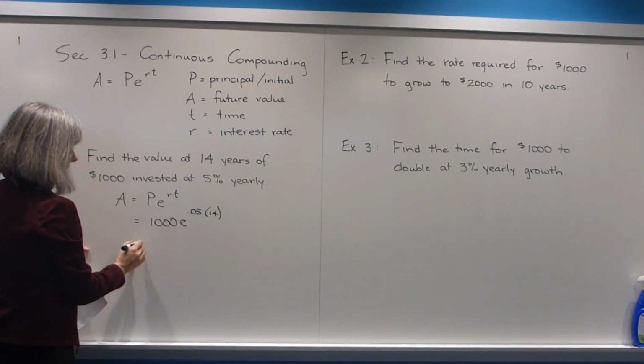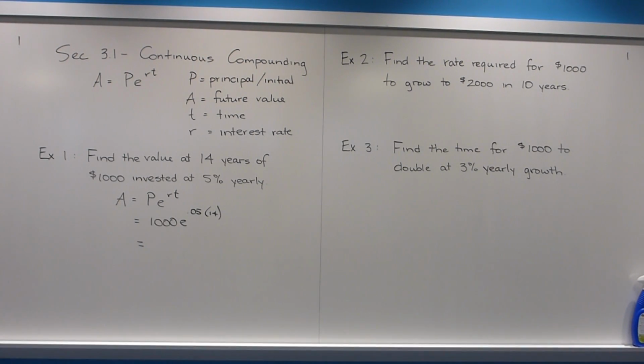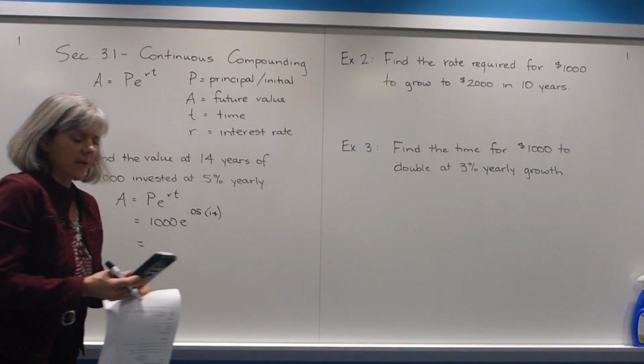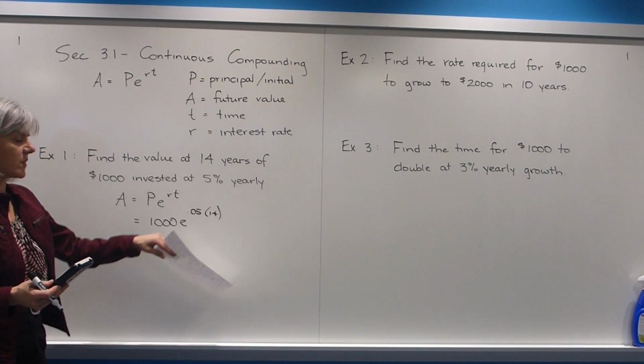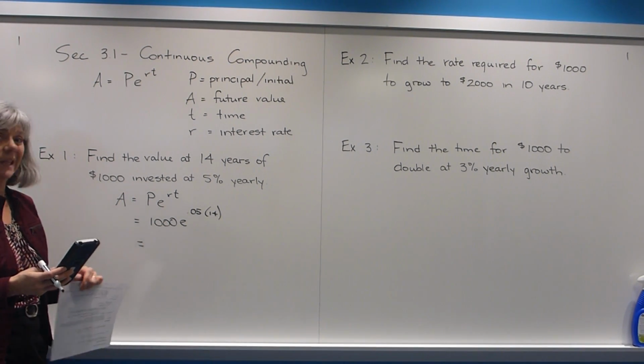So that means we know everything except A, so we'll just plug in 1,000 times e to the 0.05 times 14. I've got my calculator. And the reason I wanted to compute this actually sort of in front of you is just to note some things as we're going along about how to use your calculator with regard to e and ln.